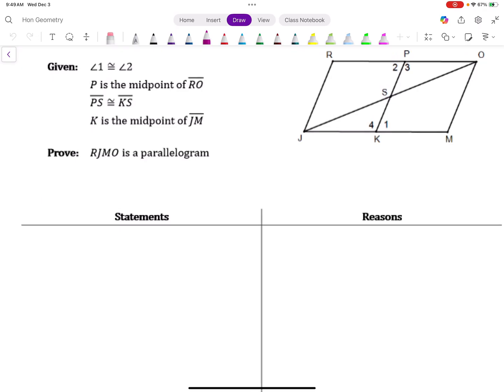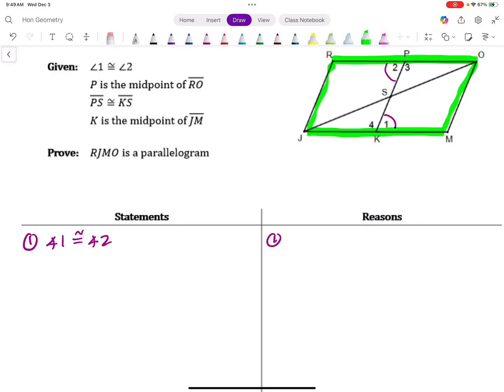Okay. So let's get our givens. Angle 1 is congruent to angle 2. I'm going to go ahead and go with that because I'm trying to prove RJMO, the big parallelogram, is a parallelogram. That first given got me one part of it.